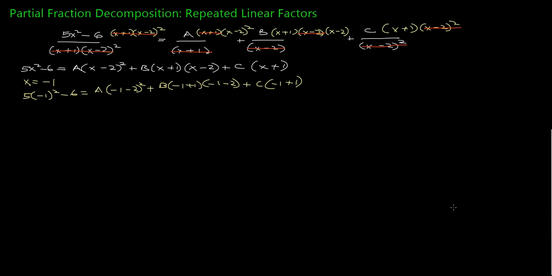So let's cancel out. So b will go and c will go. We remain with the value of a. So -1 squared is 1, multiplied by 5 is 5, minus 6 is equal to -1, equal to -3 squared, which is 9. So we have 9a. Therefore a is equal to -1 over 9, which is of course a negative value.